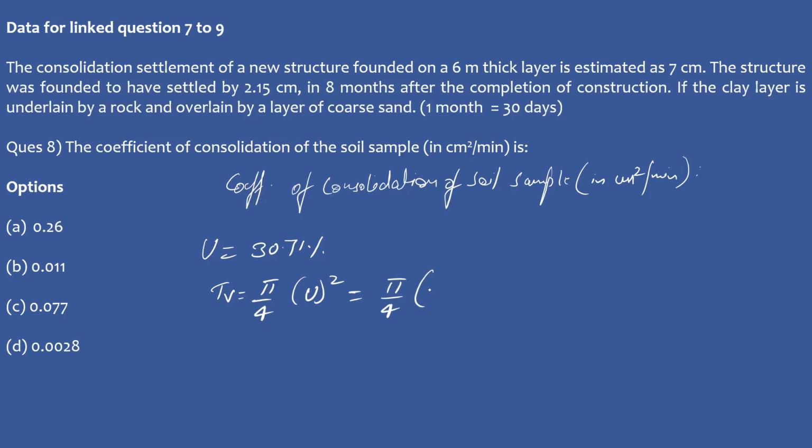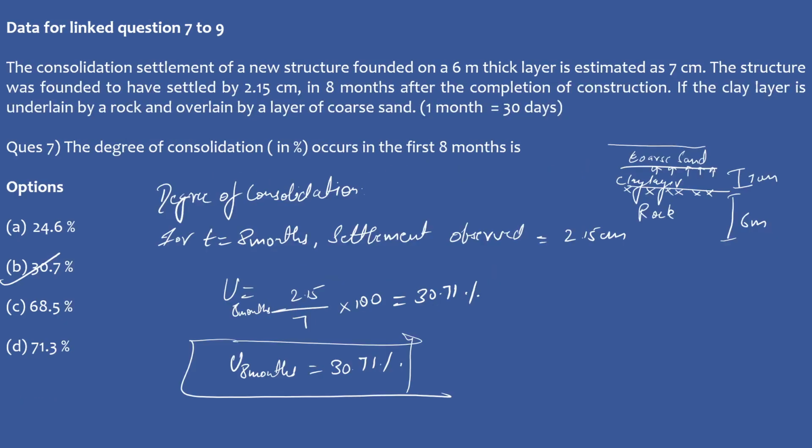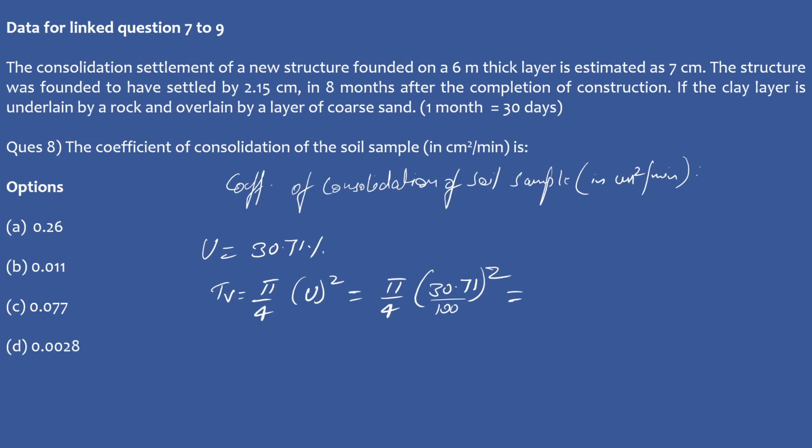So it's pi by 4 into (30.71 by 100) whole square. So your Tv will be 0.0739.